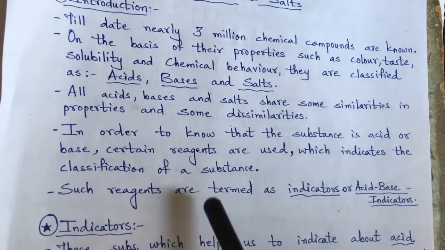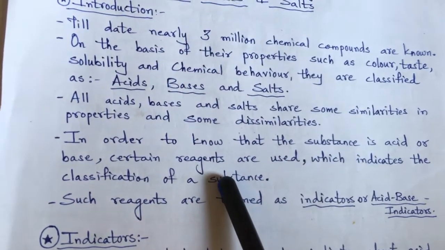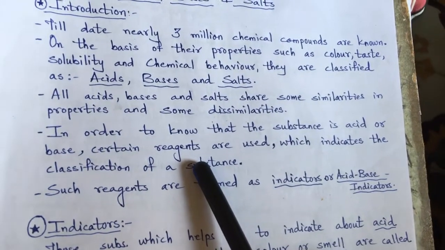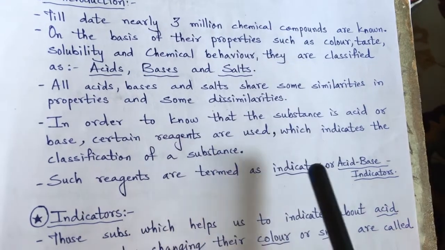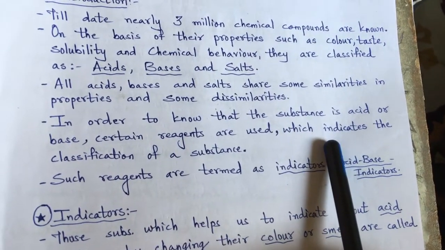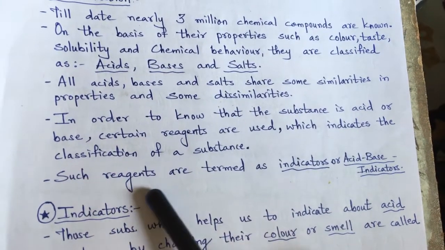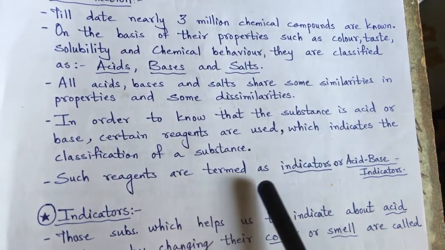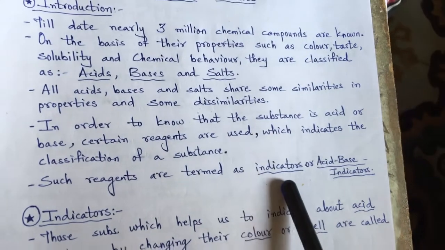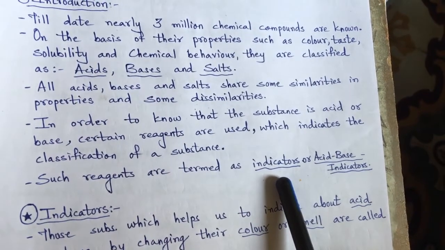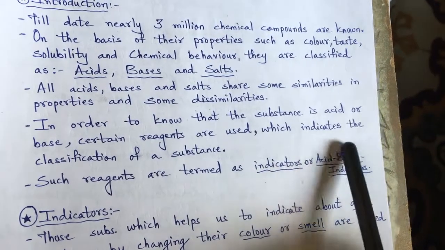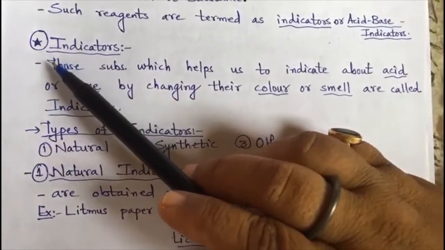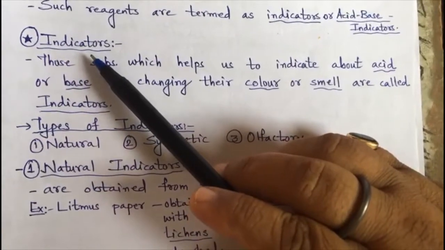These reagents will guide us whether the substance is an acid or a base. That means we can say that they indicate. And so, such reagents which indicate the classification of substances are termed as indicators, and here we will term them as acid-base indicators. So, let us first understand about indicators.